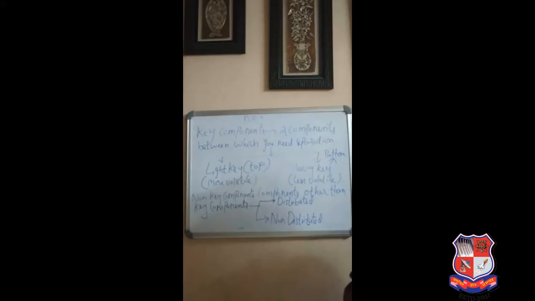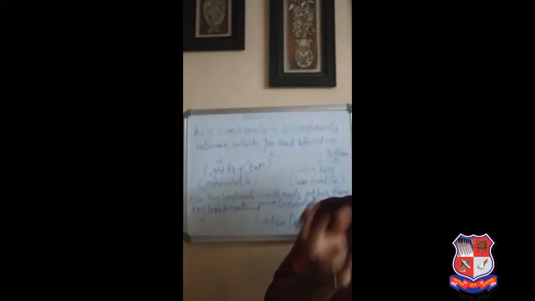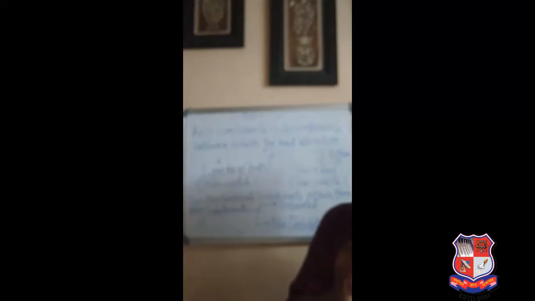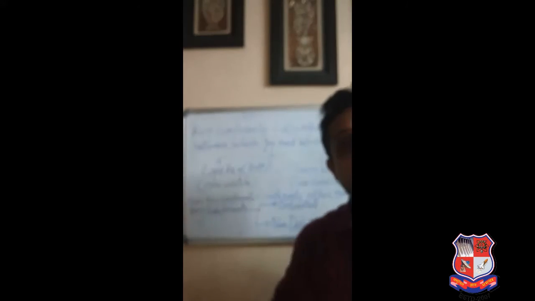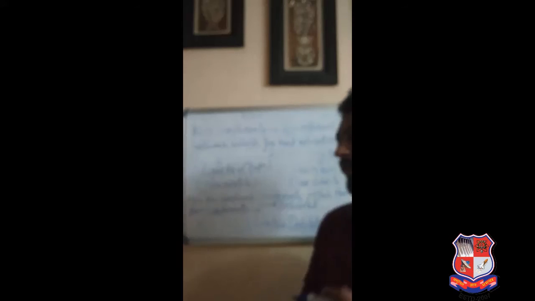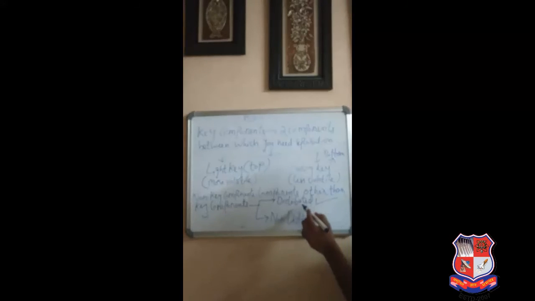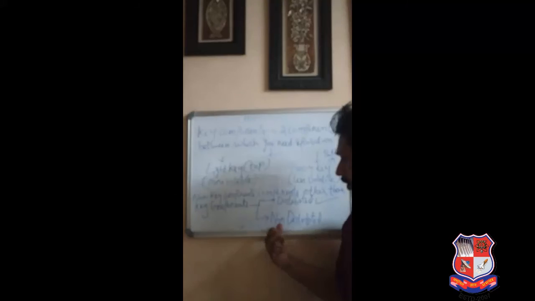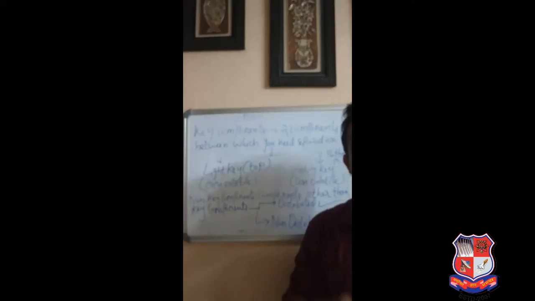Distributed components means components other than the key components A and B which are present in sufficient amounts in both the top and bottom products. That means you will find a distributed component in the top as well as the bottom. And a non-distributed component means a component which does not have sufficient concentration in either the top or the bottom.